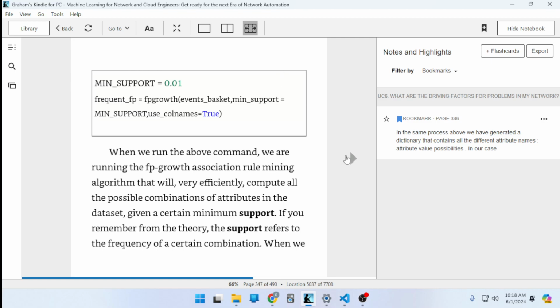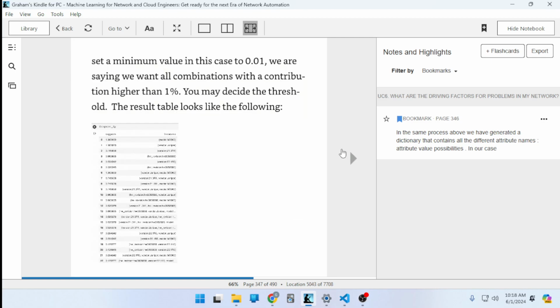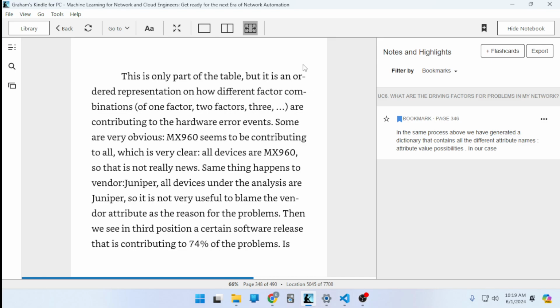When we set a minimum value, in this case to 0.01, we are saying we want all combinations with a contribution higher than 1%. You may decide the threshold. The result table looks like the following. So frequent_FP, there we go, looks good.